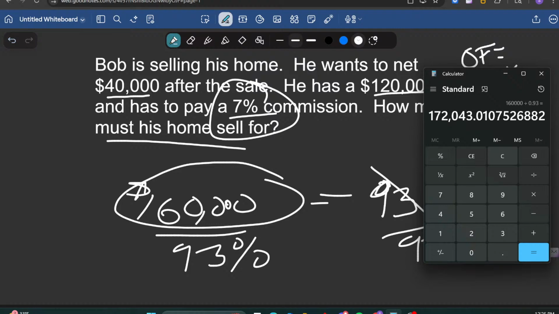But let's do it one more time. So 160,000 divided by 0.93, and just keep putting it into your calculator multiple times as you're practicing so that this becomes habit forming. So $172,043 is how much the home must sell for.